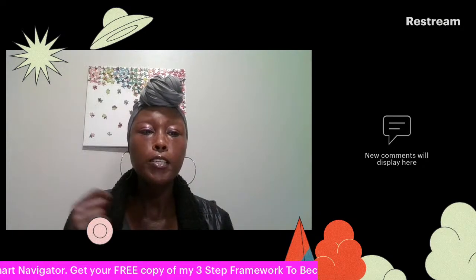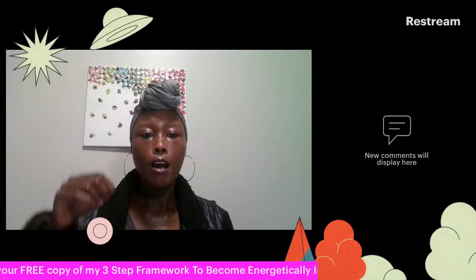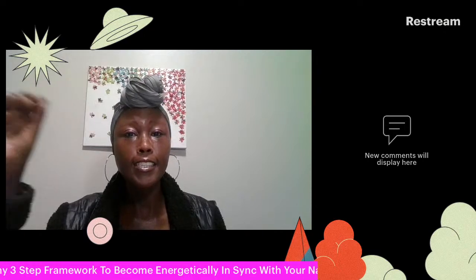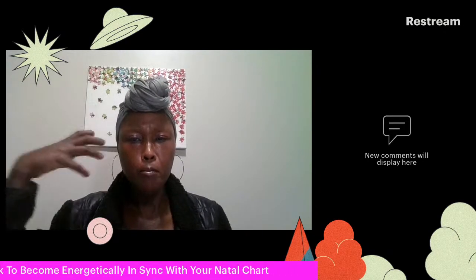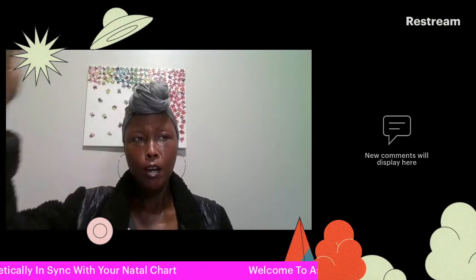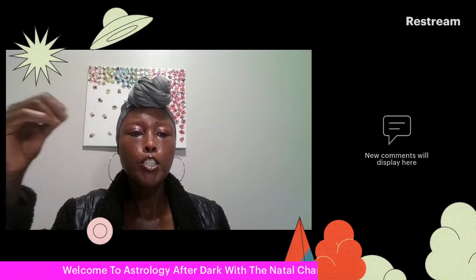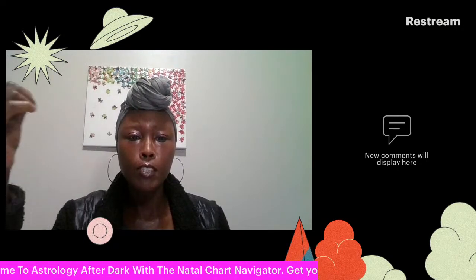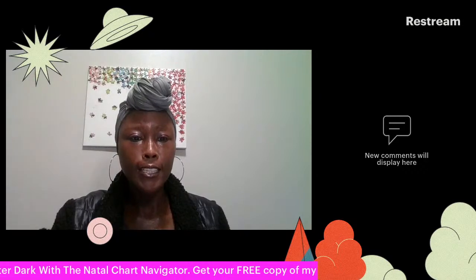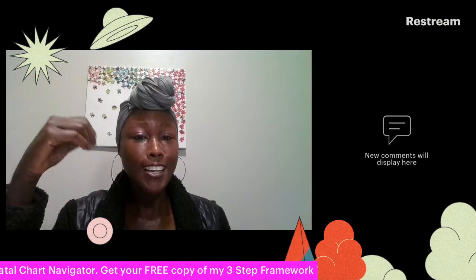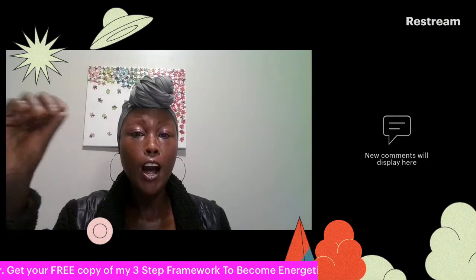Much like the continuous evolution indicated by your transits and progressions, which are a higher level of astrology. Embracing the journey of your growth and self-discovery through both modalities allows individuals to navigate life with greater authenticity and purpose.